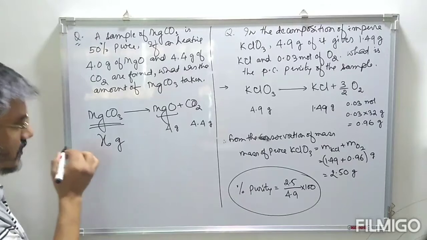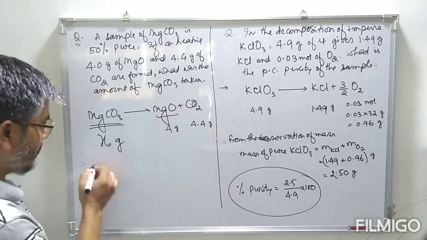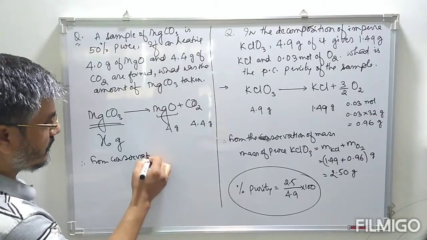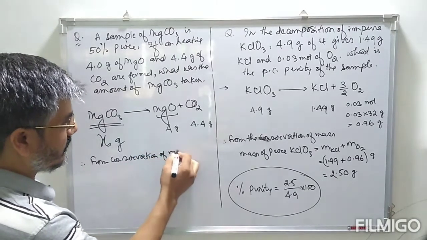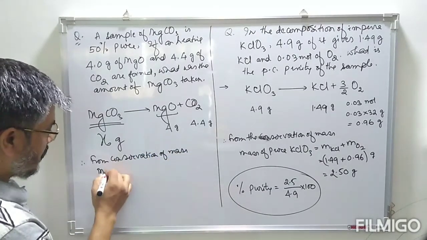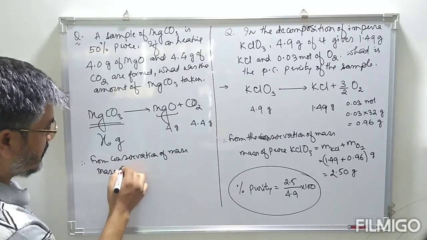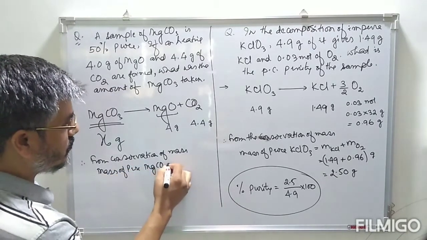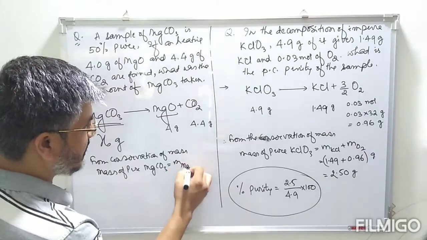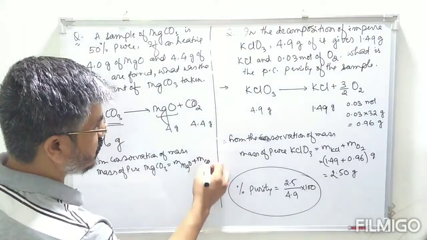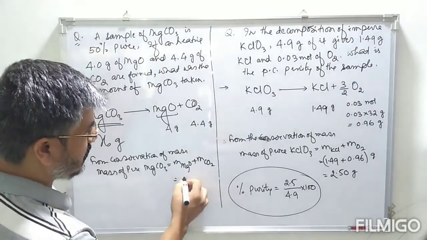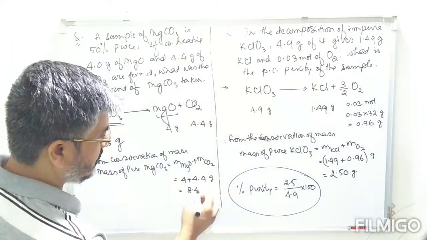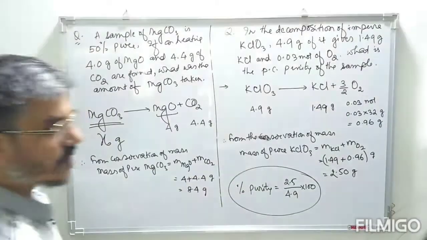So therefore, from conservation of mass, mass of pure magnesium carbonate will be equal to mass of magnesium oxide plus mass of carbon dioxide. So this is 4 plus 4.4 gram, so that is 8.4 gram.